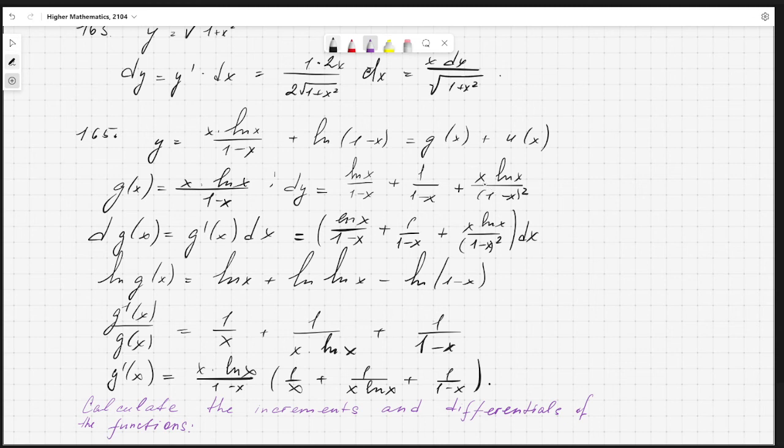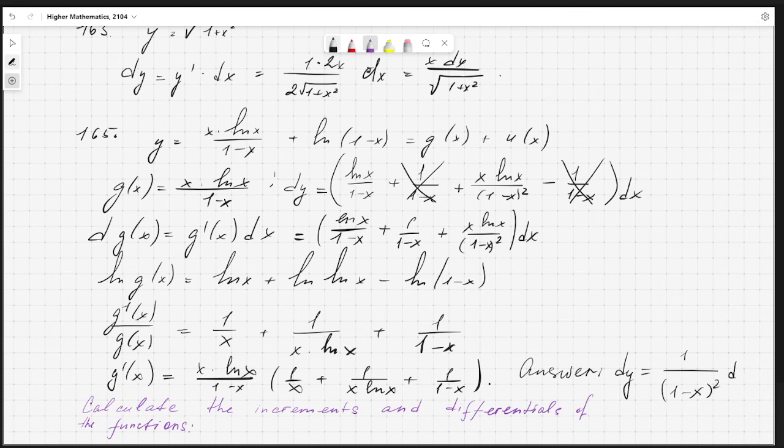It is g prime plus the natural logarithm prime, which means minus 1 over 1 minus x, times dx. After simplifying, dy will be equal to the natural logarithm of x multiplied by 1 minus x, plus x natural logarithm of x, all over 1 minus x squared, dx.